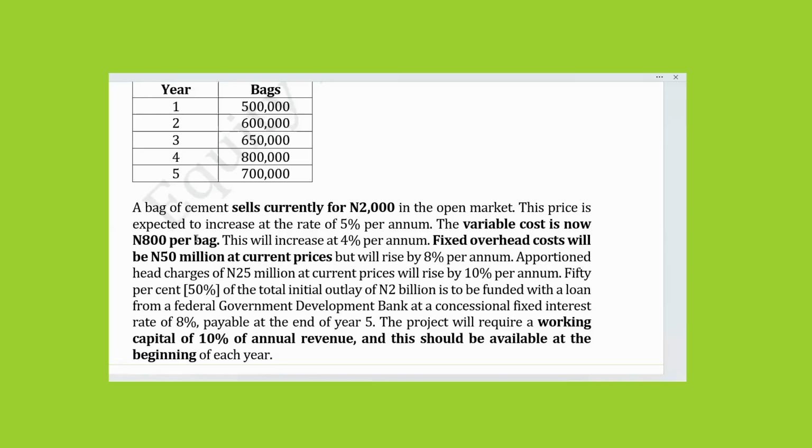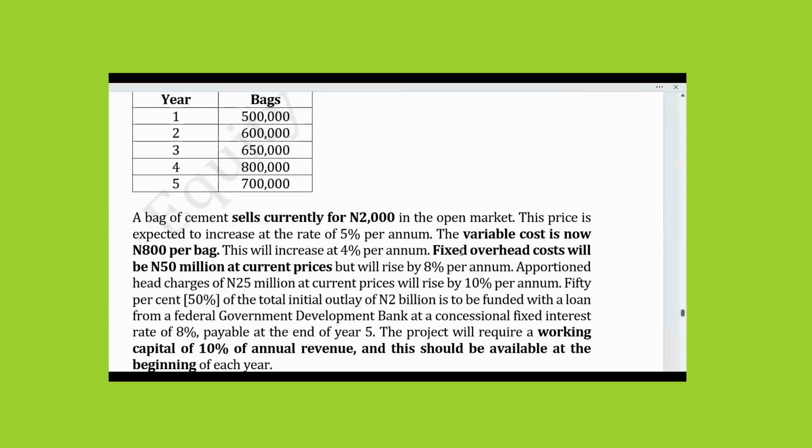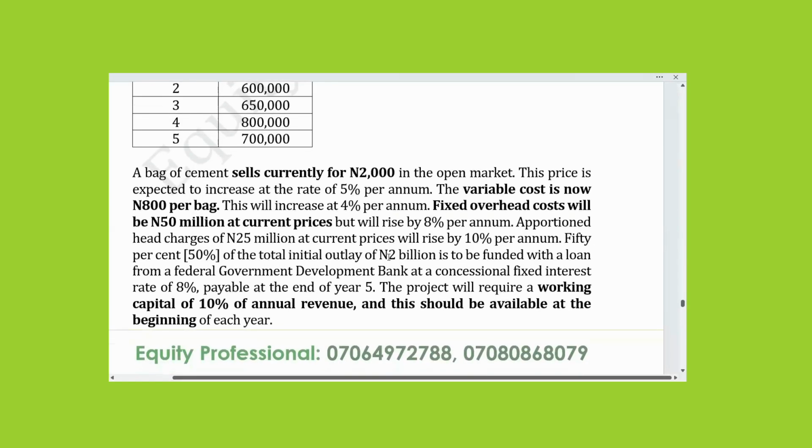The second one is real cost of capital. Real cost of capital is the cost of capital that does not include the possible effect of inflation. It is a discount rate that is stated in real terms. All right. So to calculate money cost of capital or real cost of capital, you are expected to use Professor Irving Fisher's effect formula to get your money or real cost of capital.